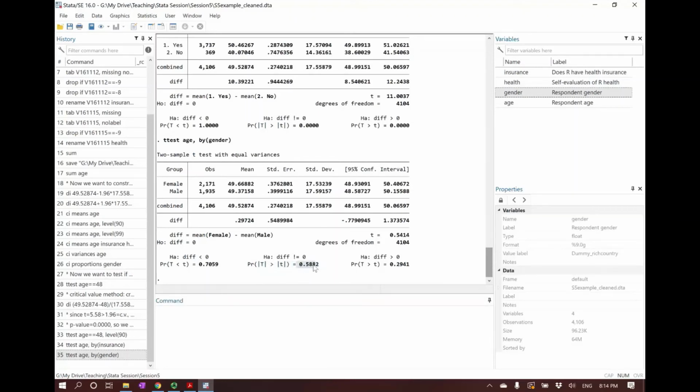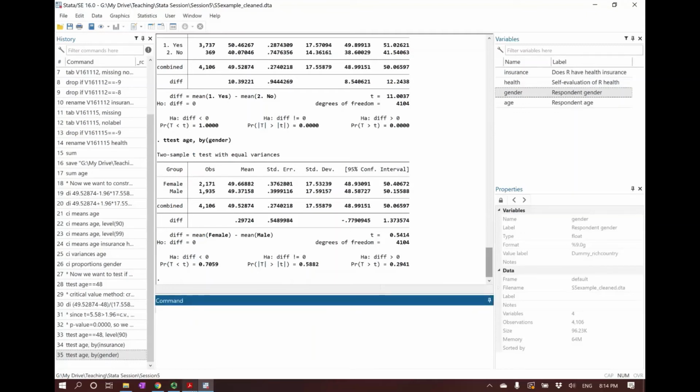So it's a very big value. Therefore, I fail to reject my hypothesis at 1%, 5%, and 10% significance levels, right? So in the US, there's no difference in the mean age between females and males, okay?